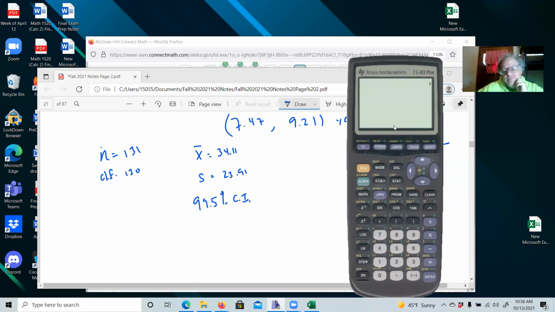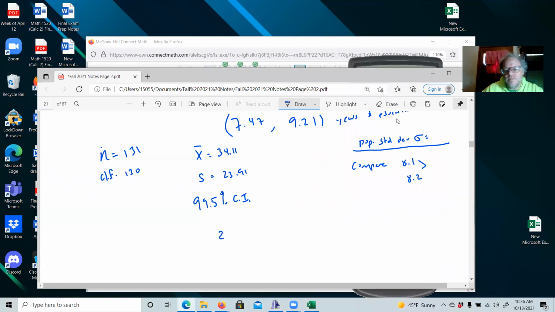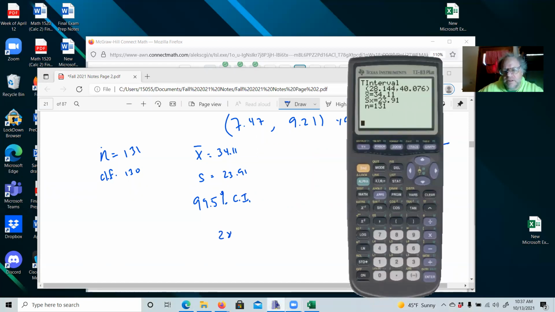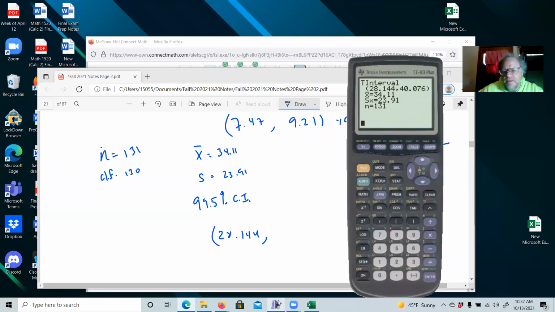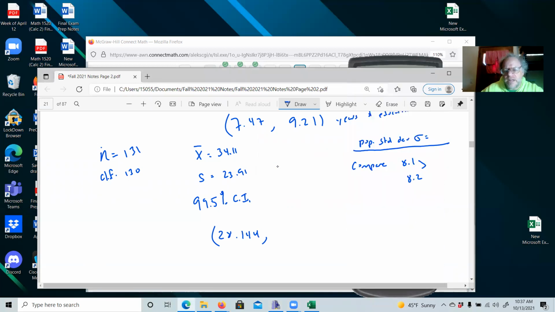All right, thinking a little bit. So we got 28.144 to 40.076.